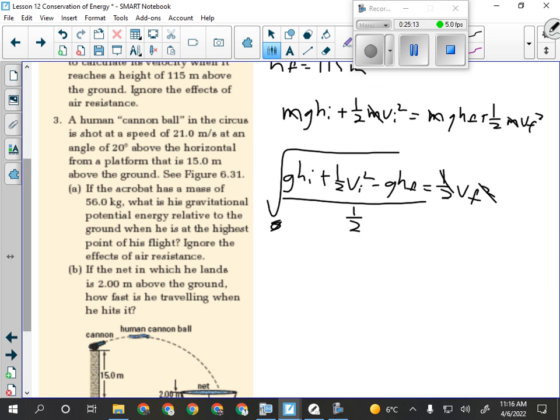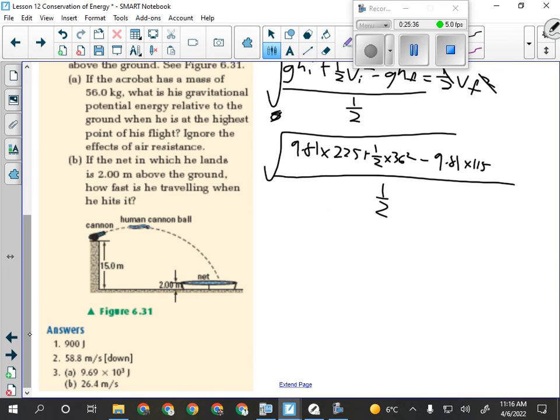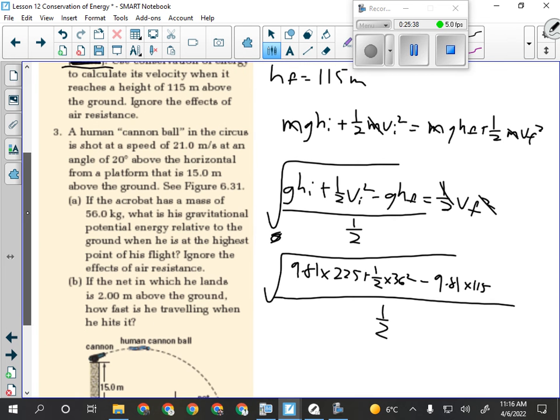All right, so when we plug in our numbers here, we're going to have 9.81 times 225 plus 1/2 times 36 squared. So there's our initial potential, there's our initial kinetic, minus 9.81 times 115, our final potential, divided by 1/2. When we do that, we should end up with 58.8 meters per second.